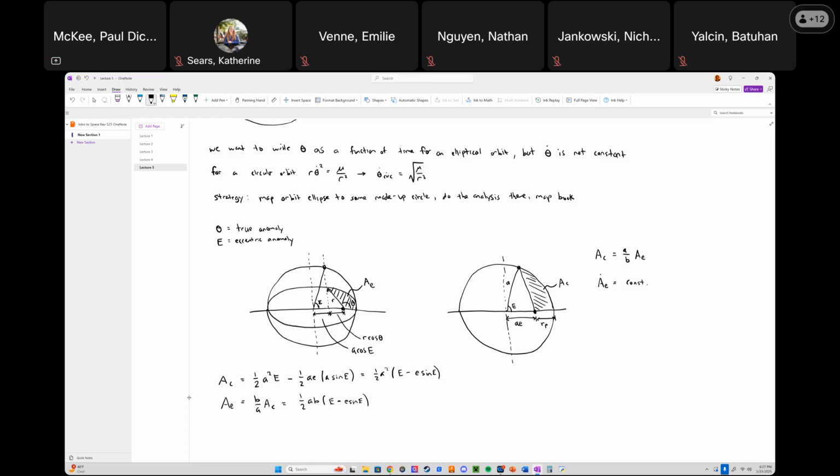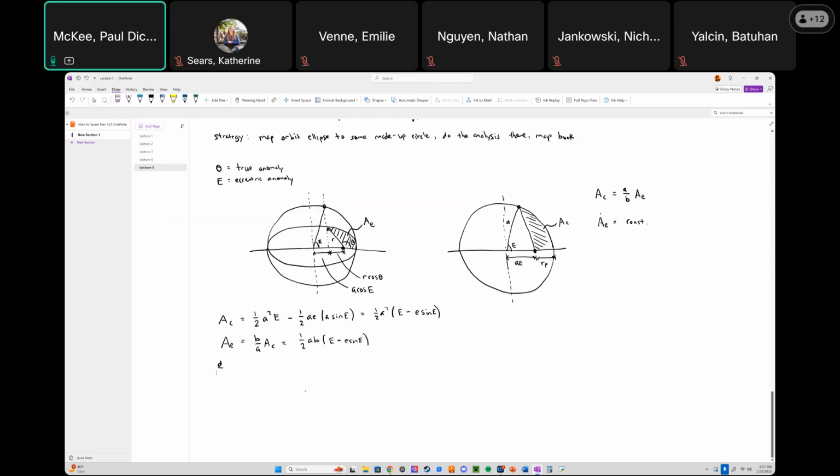Okay. Now we said before that dA/dt is constant, and that's equal to the area of the ellipse divided by the orbit period.